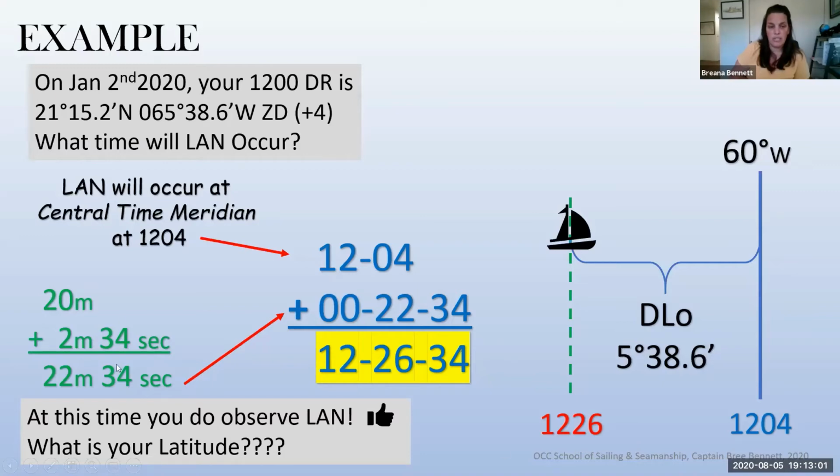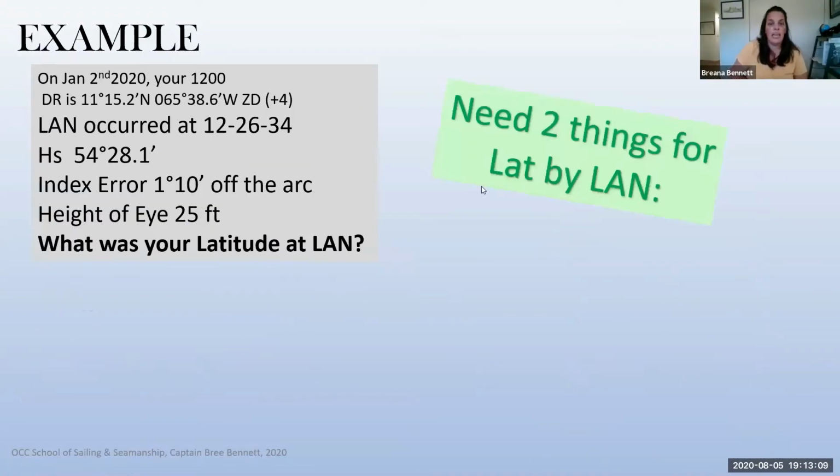Did we follow that one along? Okay. So now 12:26 happened, and I need to get the two things. I need to get my HS, so I need my sextant altitude, and I need the time of when it actually happened.